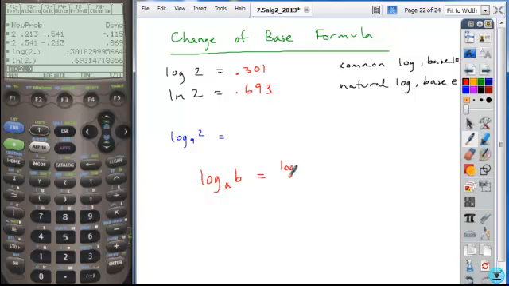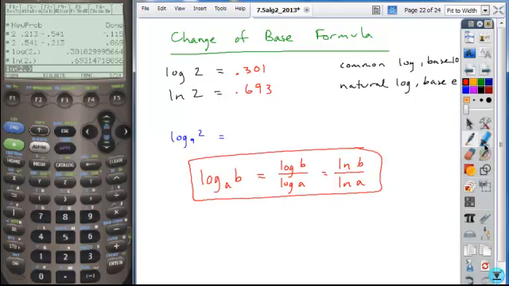So we can either take the common log of b divided by the common log of a, whatever the base is. We could take the natural log of b divided by the natural log of a. So either of those forms works. This is what's called the change of base formula.